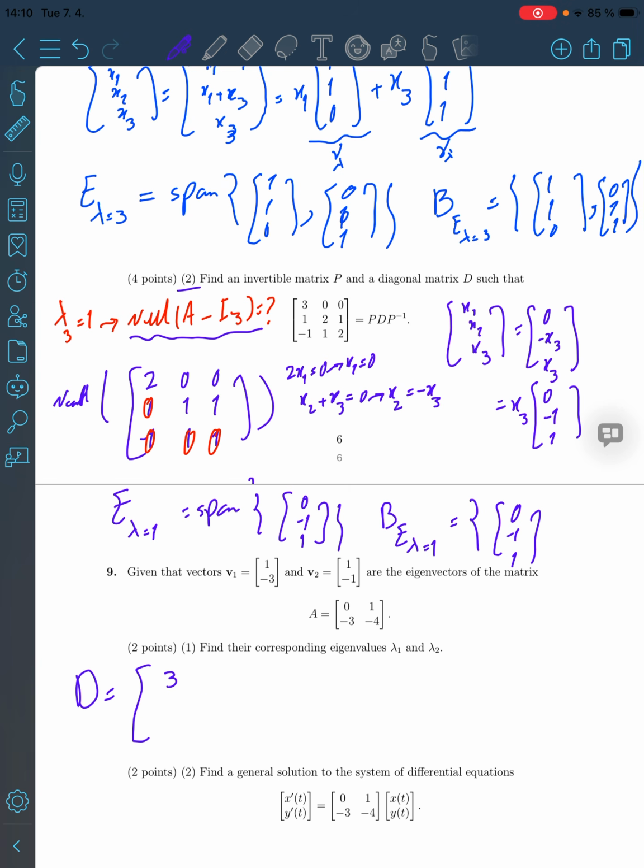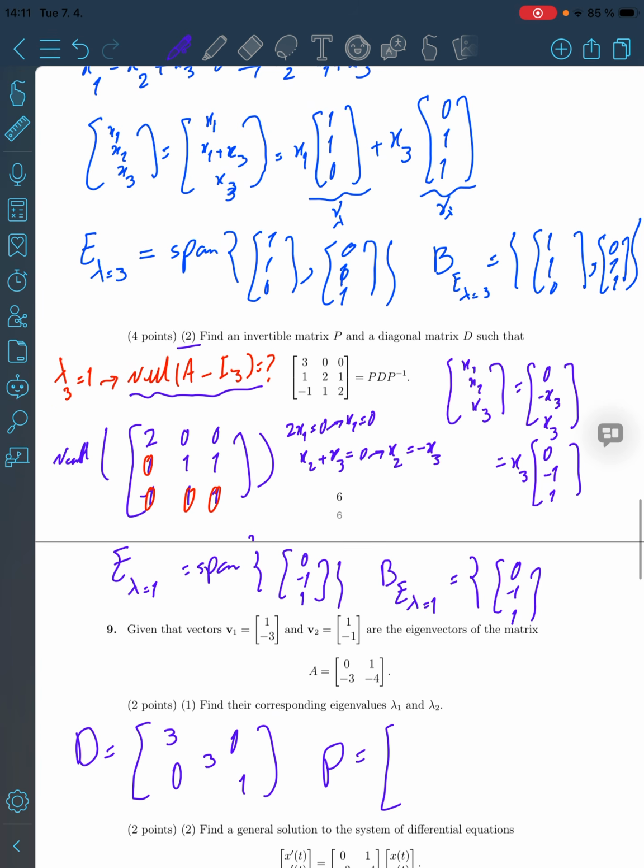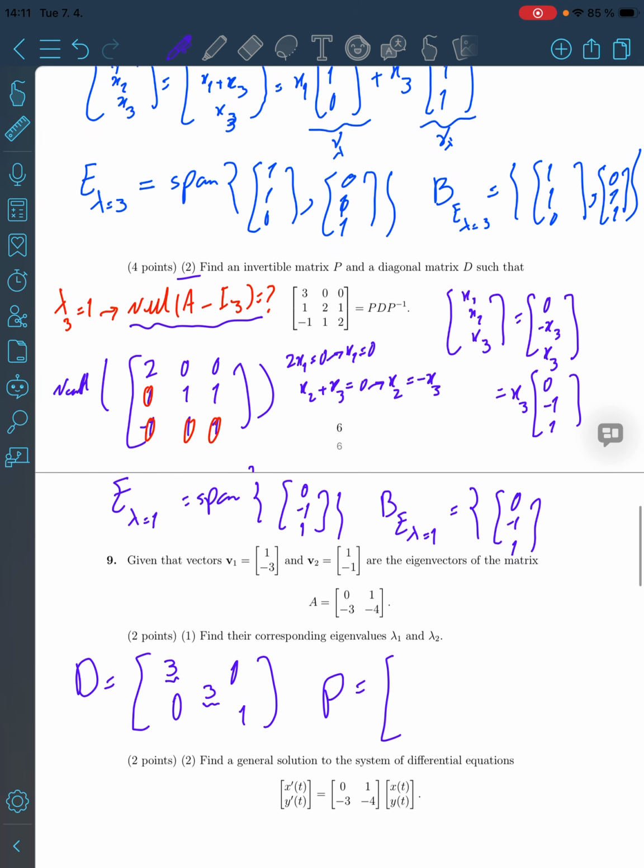For example, if you write 3, 3, 1 here, and then everywhere else 0, the invertible matrix P should be, the first two columns should come from the eigenvectors for 3, which are this one, 1, 1, 0, and then 0, 1, 1, and then the third column should be the eigenvector corresponding to 1, which is 0, negative 1, and 1.